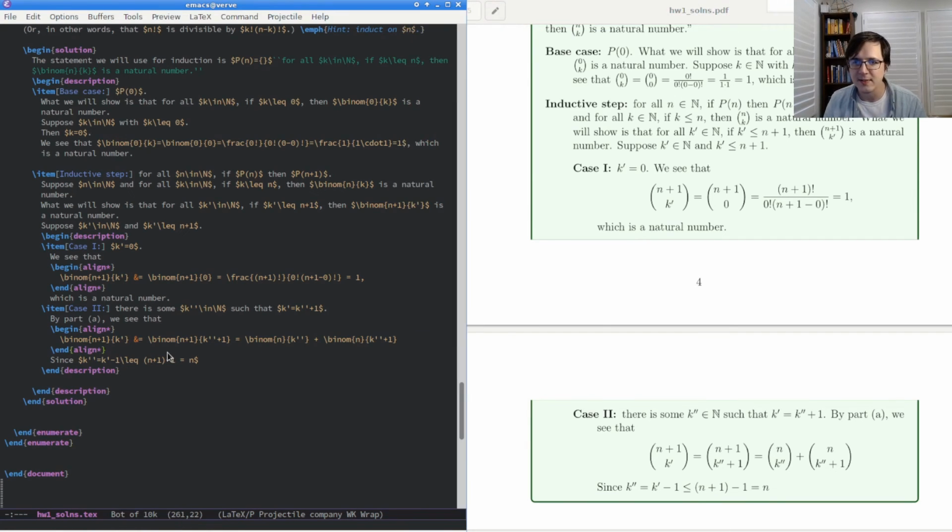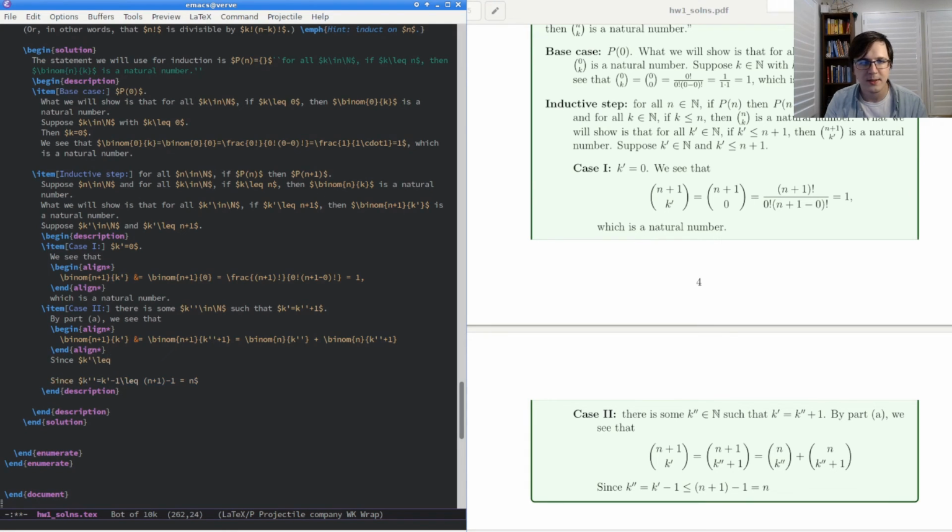Okay, I'll write this differently. Since k prime is less than or equal to n plus 1, then k double prime plus 1 is less than or equal to n plus 1. So k double prime is less than or equal to n. No, I'm still confused, because I want k double prime plus 1 to be less than or equal to n.